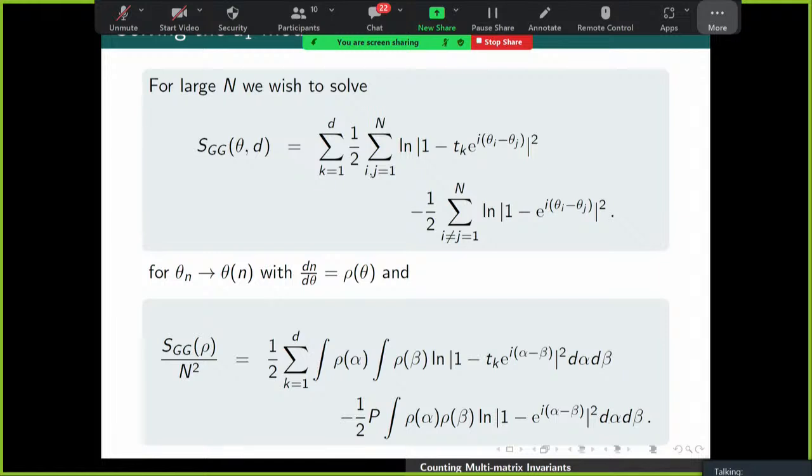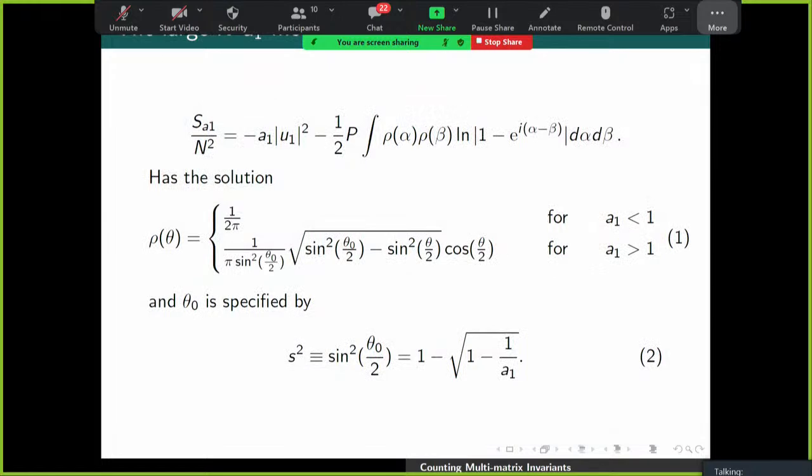So we get S in terms of rho, where I've really just taken theta n, taken it to be a continuous variable of n, and gone to a density rho and written it as this one. This gives me an effective action for the entire system. It isn't really solvable or hasn't yielded to a solution.